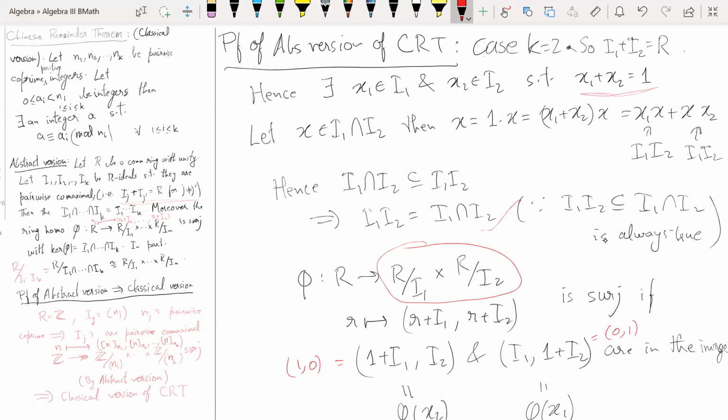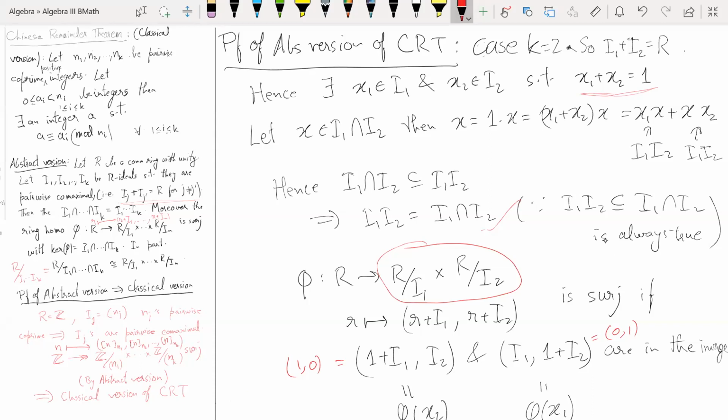So if we show that 1 comma 0 is in the image and 0 comma 1 is in the image, then any element here follows. How does a typical element look? Maybe I'll write it here.